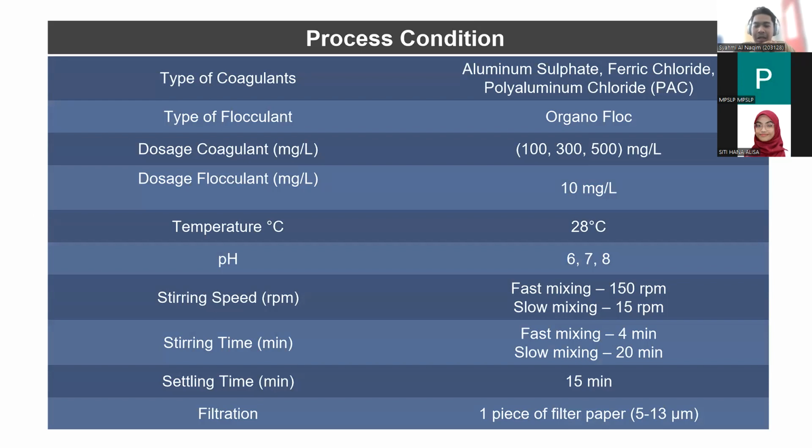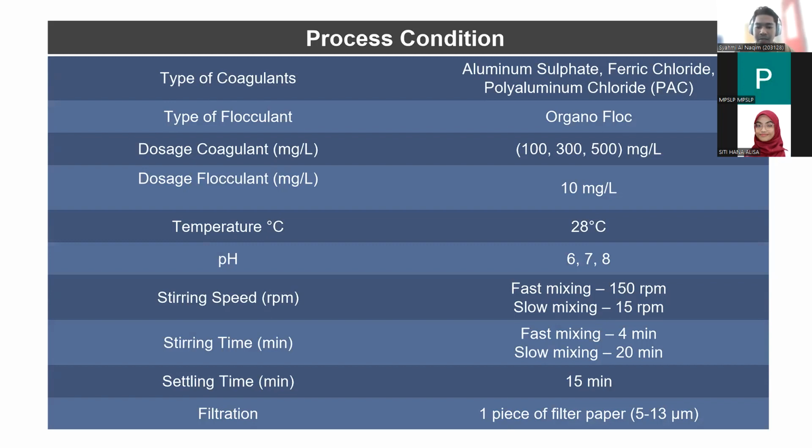Sebab saya tak ada, maksudnya kalau saya ambil range yang terlalu jauh daripada natural punya pH, saya takut dia akan effect coagulation dengan flocculation tu. So saya ambil langkah selamat untuk kita slightly dekat je dengan natural punya pH.